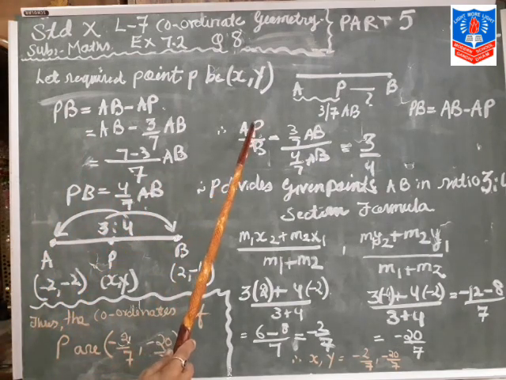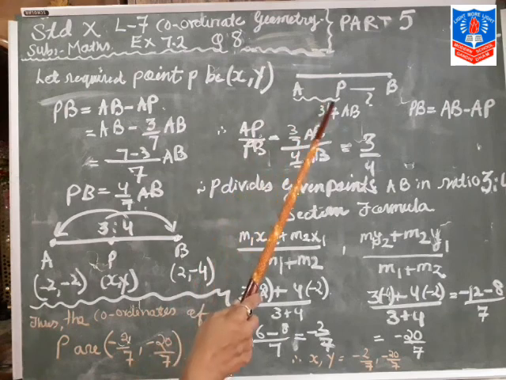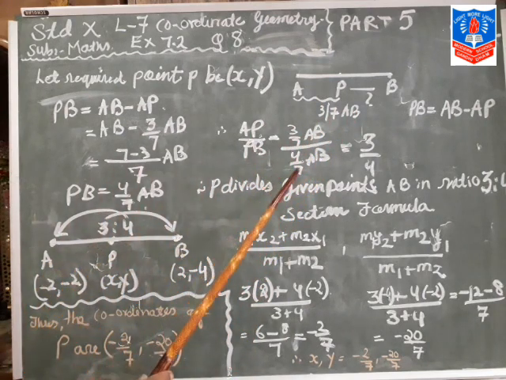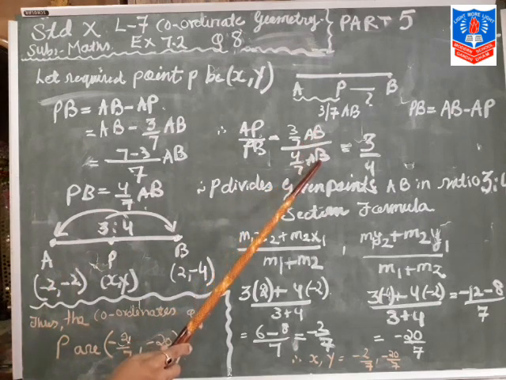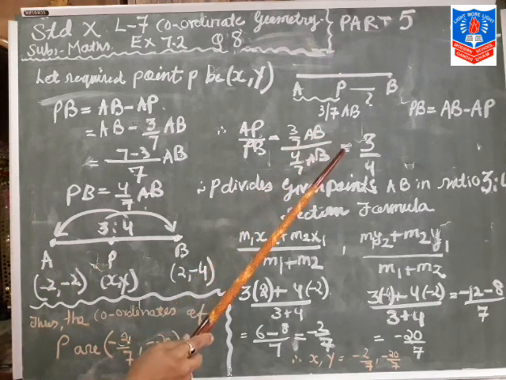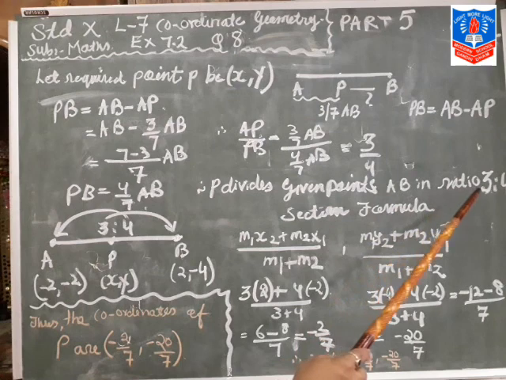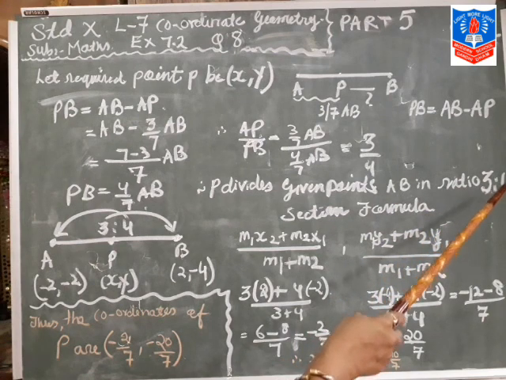Now AP is given 3/7 AB and PB is 4/7 AB. AB cancels, 7 cancels. We receive the ratio 3/4. So P divides the given points AB in the ratio 3:4.